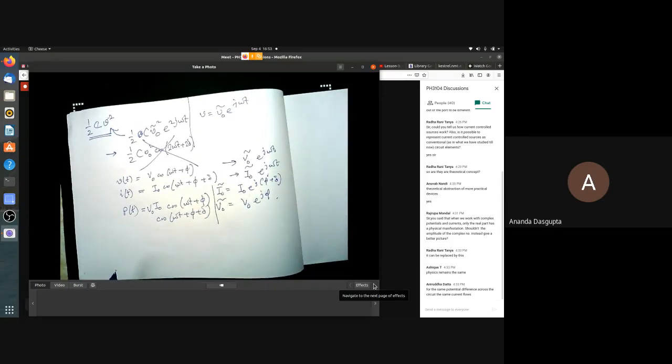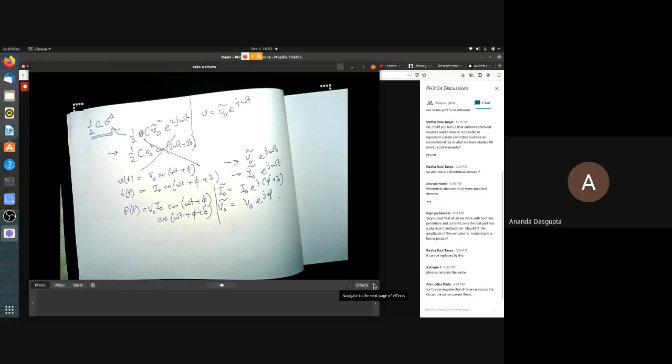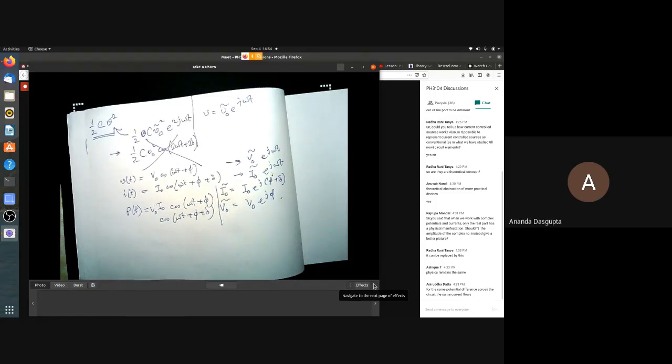However, very often we are interested not in the instantaneous value of the power, but in the average power that is delivered over a cycle. Why over a cycle? Because if you look at this for a long time, then a long time interval will fit some integer number of cycles and some fractional bit after that. But the contribution essentially will be dominated by the integer number of cycles, and each cycle contributes the same amount because the whole thing is periodic.